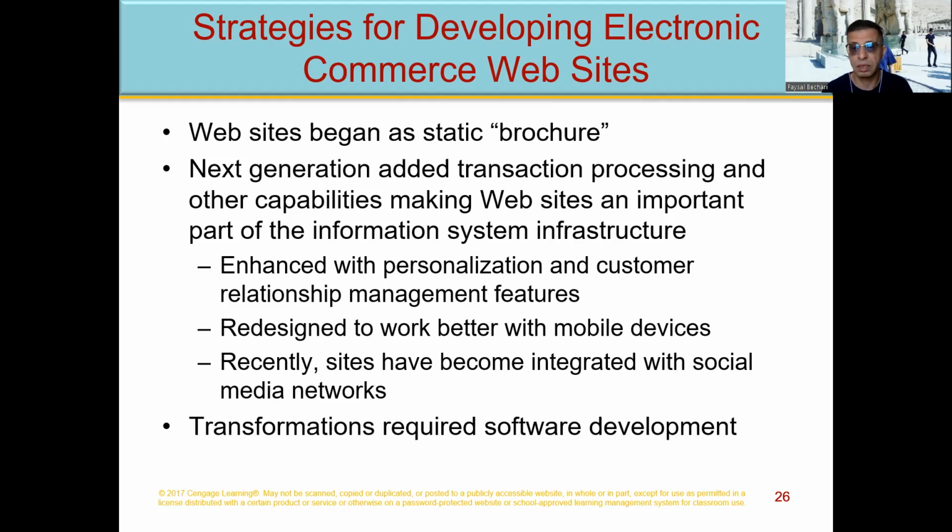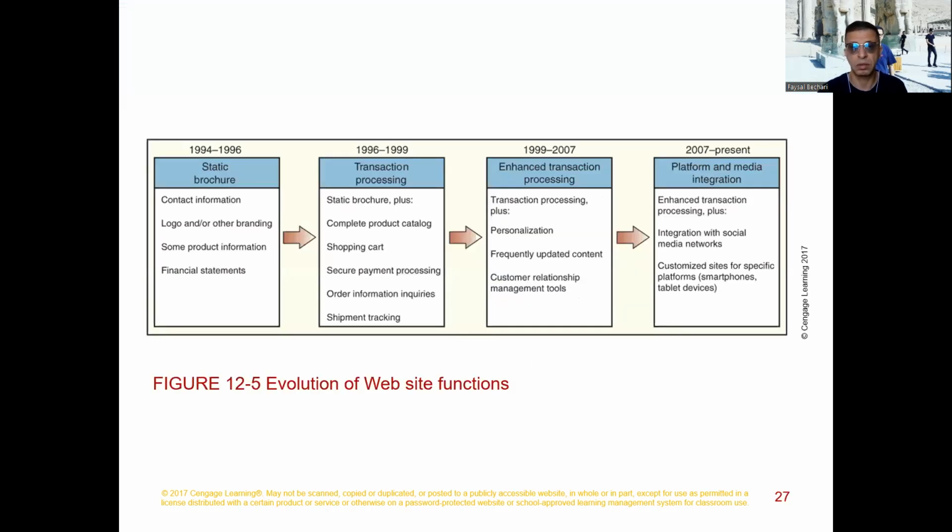Recently, we've seen that sites have become integrated with social media networks, for example. Transformation requires software development. That's all necessary. You can look at this as a static brochure, and then transaction processing happened. Then we had enhanced transaction processing, and we now have platform and media integration too.